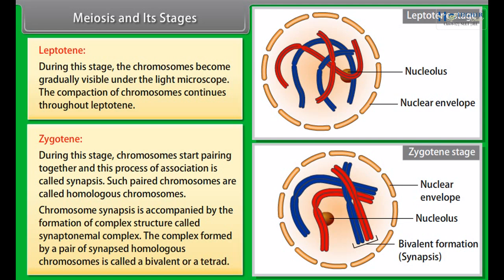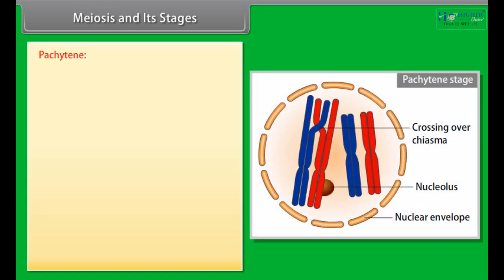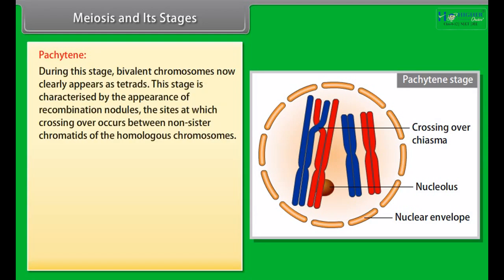However, these are more clearly visible at the next stage. The next stage, pachytene, is comparatively longer than the previous 2 stages. During pachytene stage, bivalent chromosomes now clearly appear as tetrads. This stage is characterized by the appearance of recombination nodules, the sites at which crossing over occurs between non-sister chromatids of the homologous chromosomes.